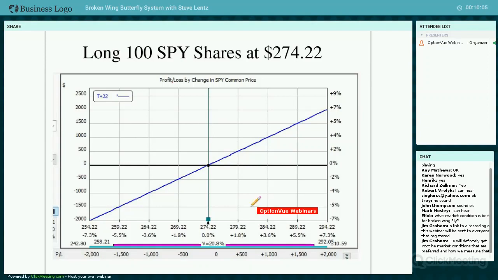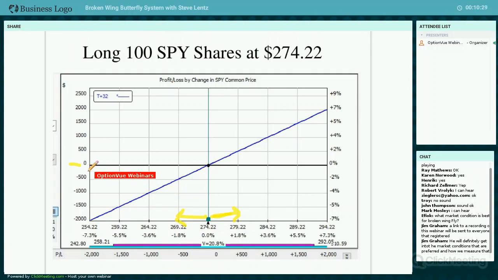This is a graphic analysis, and we're showing an x-axis showing the price of the stock. In this case, the spiders. We're modeling here 100 long shares of spider shares at 274.22. If the market goes up, we move along the x-axis to the right. If the market goes down, we move along the x-axis to the left. Then we have our y-axis.